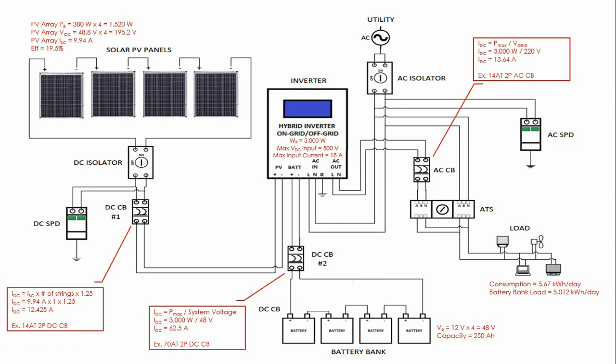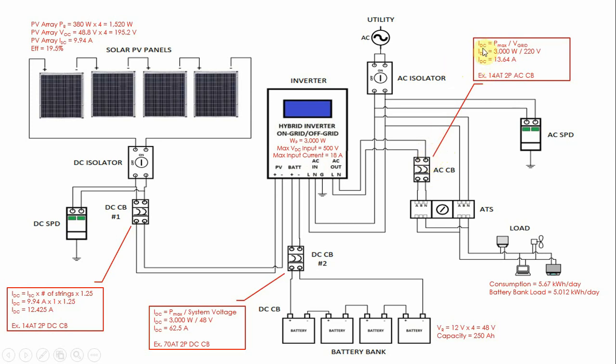For the AC circuit breaker, at the output of the inverter, just before going to the load, we can compute this rating by dividing the maximum power of the hybrid inverter, which is 3000 watts, by our grid voltage, which is 220 volts.